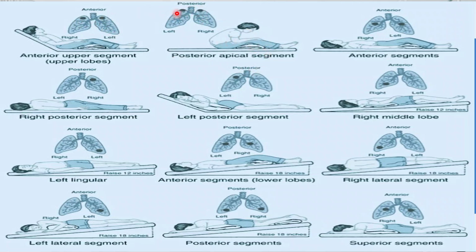You can see the dots on the lungs. You will be draining the posterior apical segment. So you have to ask the client or place the client in a sitting position, bent over his or her knee with a pillow underneath the knee.